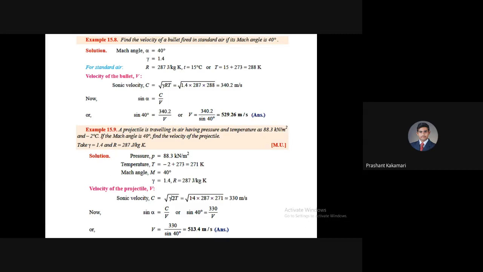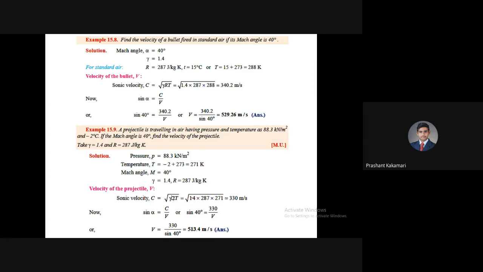Only thing here is pressure is given, but it is not at all useful in the problem, because we cannot relate the pressure to the sonic velocity of sound or disturbance. Also in the Mach angle, we cannot relate it with the pressure. So pressure is just given. In this problem, the speed of sound is 330 meter per second and the velocity of the projectile comes around 513.4 meter per second.